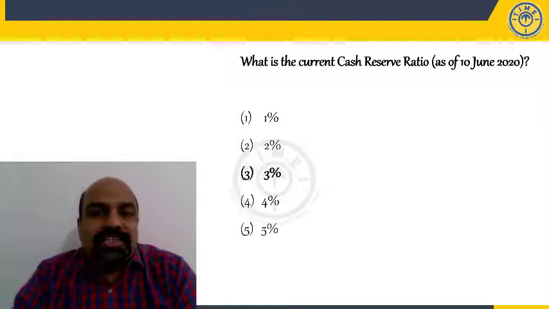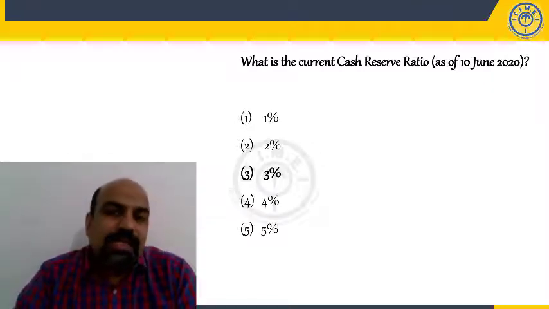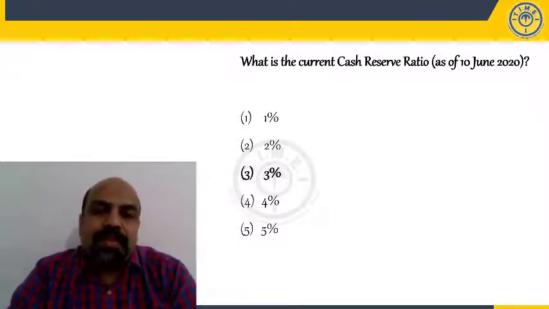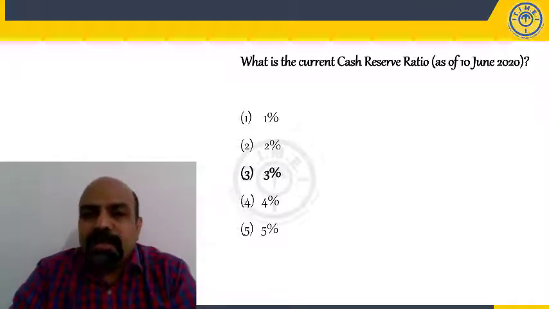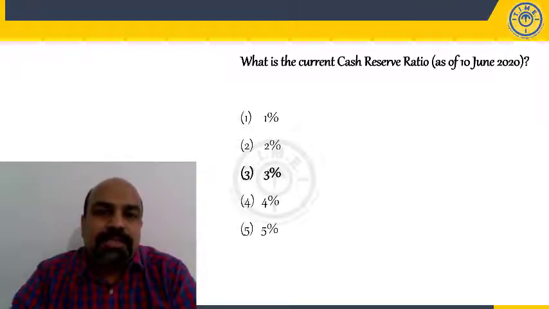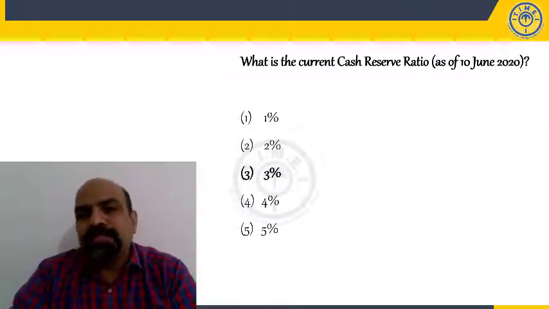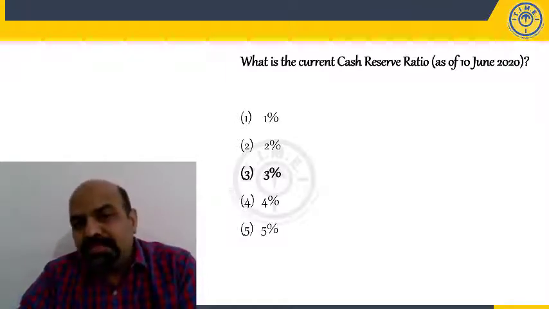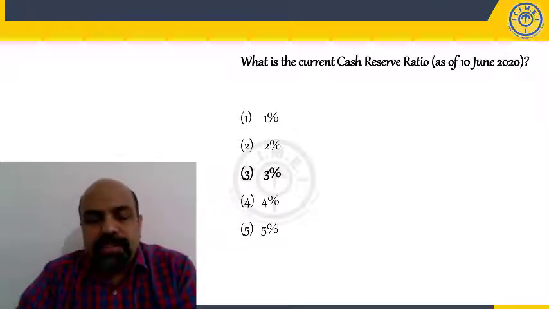All commercial banks must keep a certain percentage of their total time and demand liabilities with the RBI.